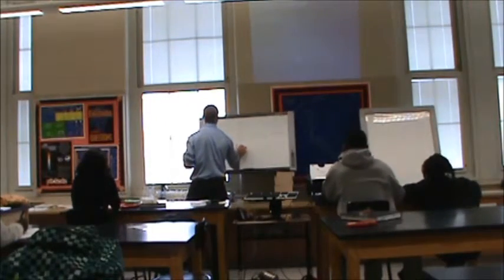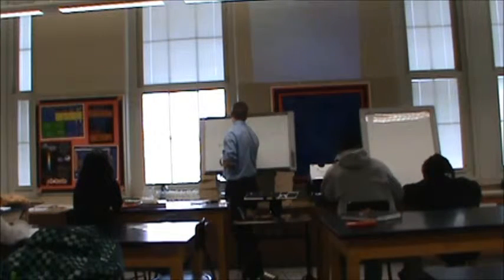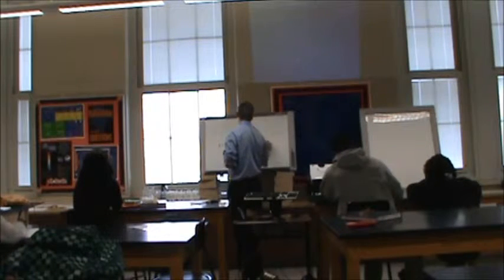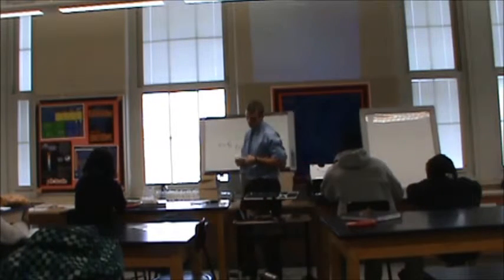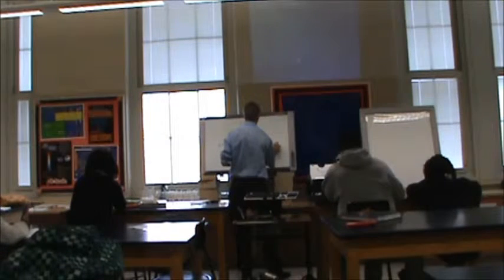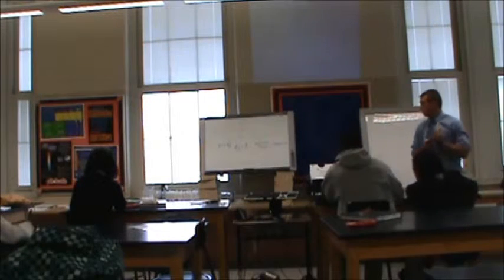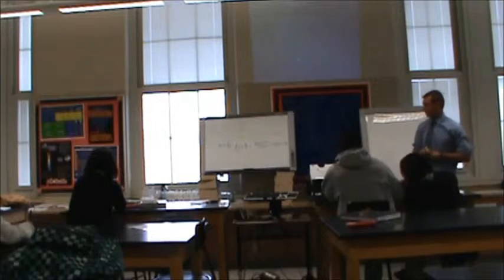Your theta in radians equals S divided by R, which is 10,000 meters divided by 0.42, which gives you 23,800 radians.